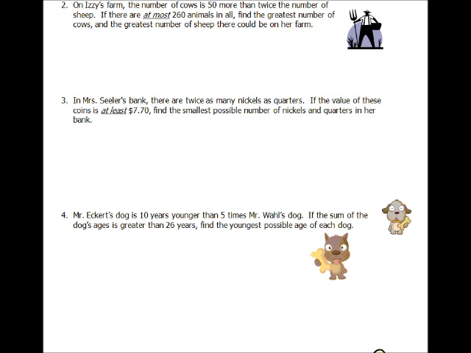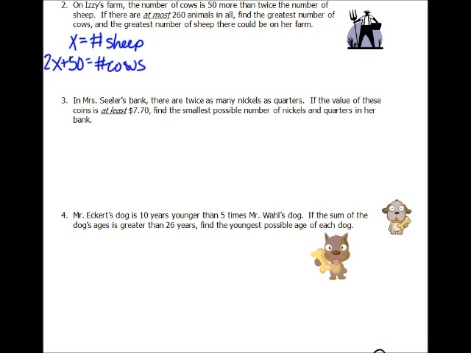x equals the number of sheep, and that means that x plus 50 would be the number of cows. Oops. And then I use the information about twice again. 2x plus 50 is the number of cows.